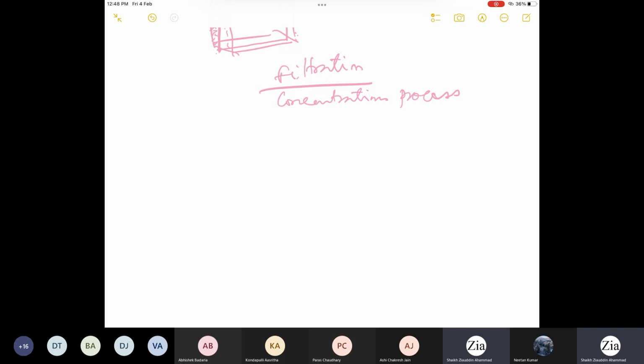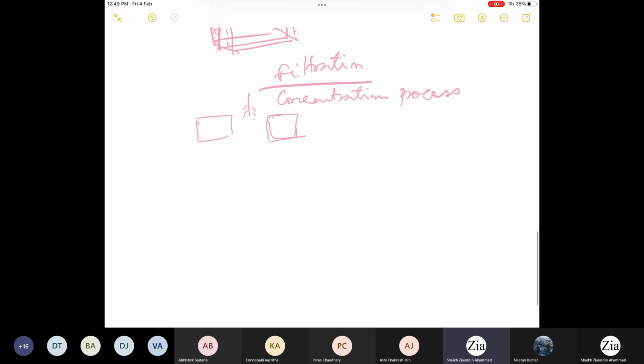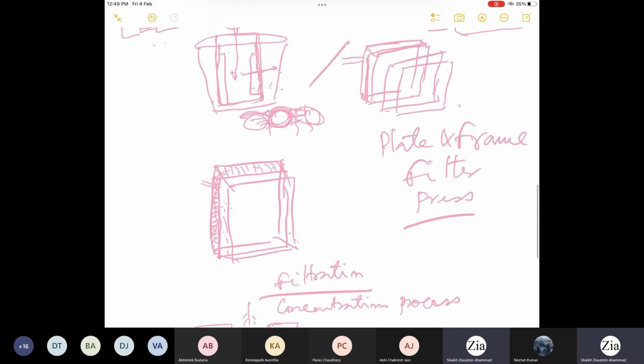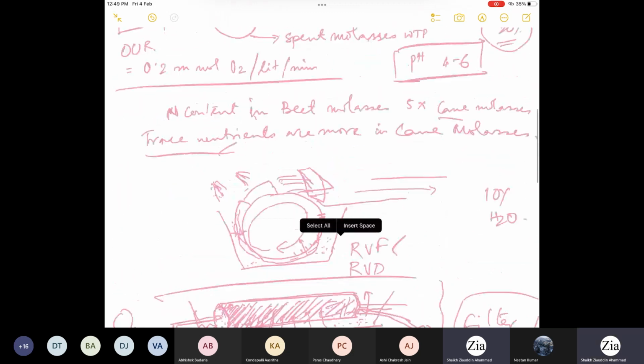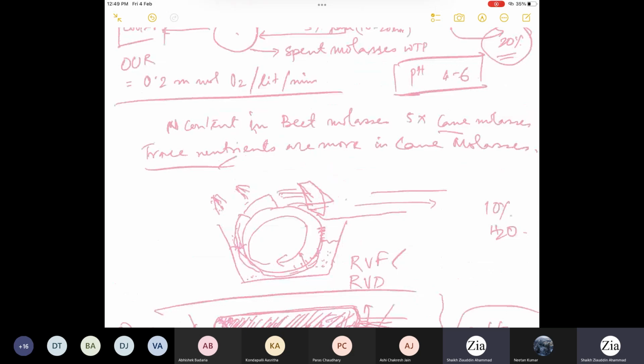So either you can have two different filter systems, and in between the two filter systems you will have one wash cycle, like washing of solids by clear water. Just to remove the residual molasses, because after washing, I think I have shown here also one stream. One stream is actually going to.